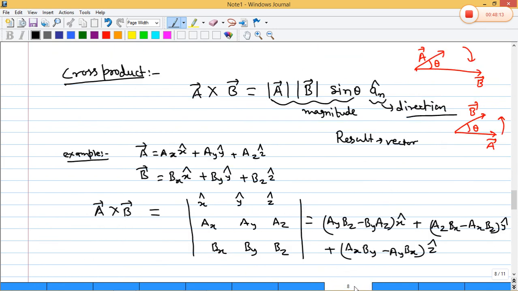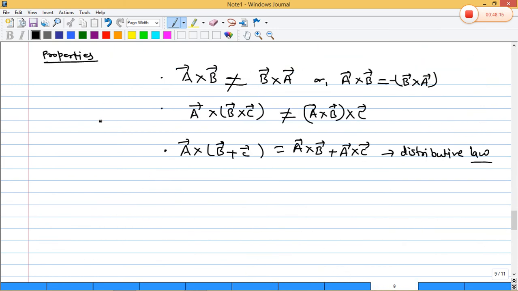Then what happens in the cross product? If x cross x, then theta will be 0. How? Just check it: the magnitude of x multiplied by the magnitude of x, times sine of 0 degrees, and the normal direction.